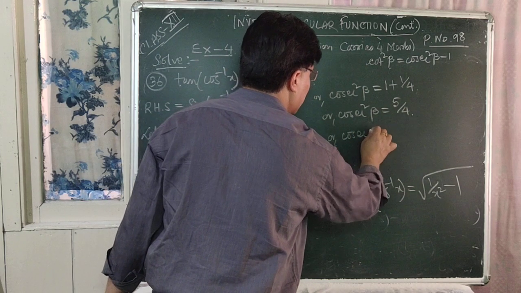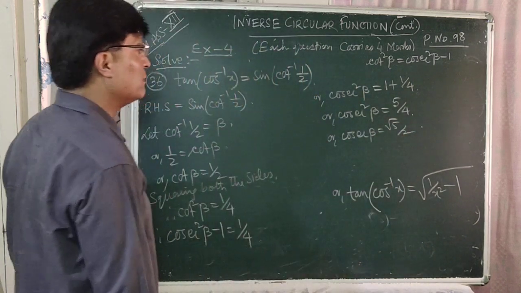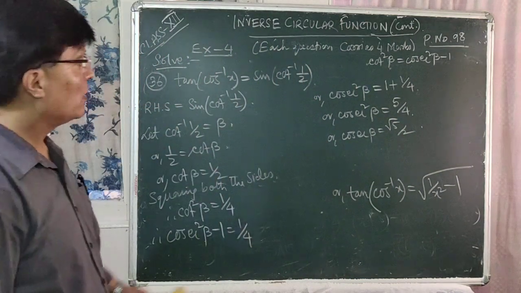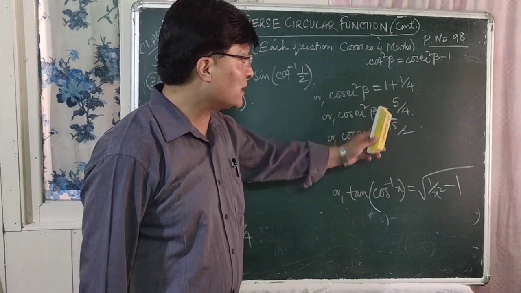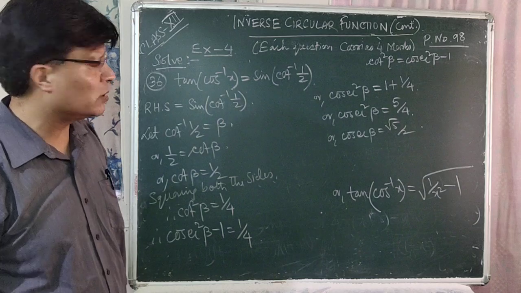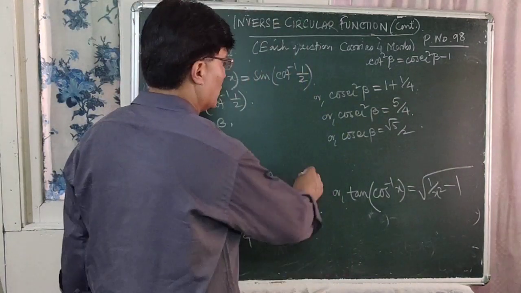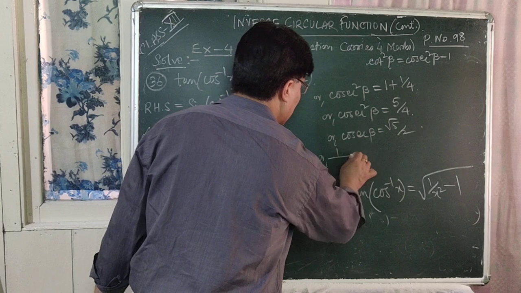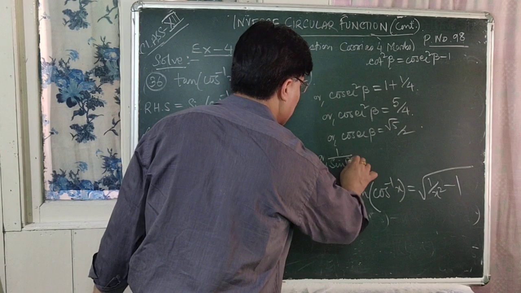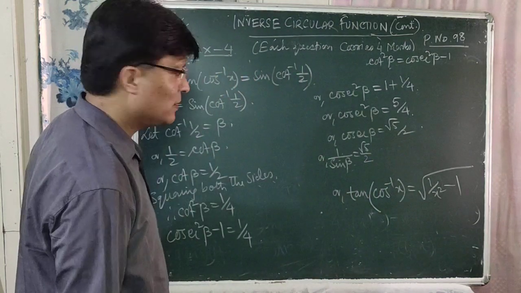What is cosec beta now? It is root 5/2. That means square root of 5/4. Now cosec square beta is equal to 5/4. So what is the value for cosec beta, which is equal to square root of 5/4? That means root 5/2. Or let us convert into sine beta. 1 upon sine beta is equal to root 5/2, right?